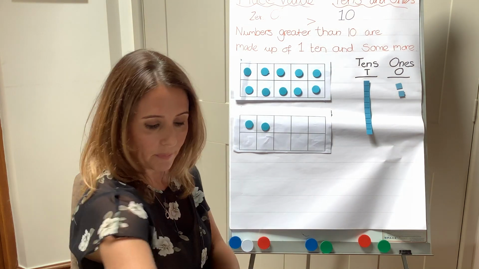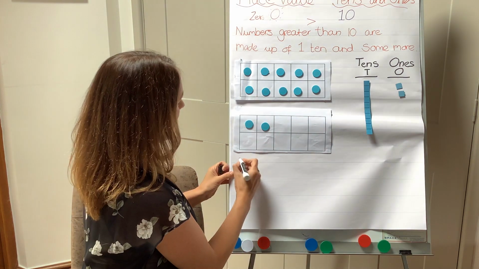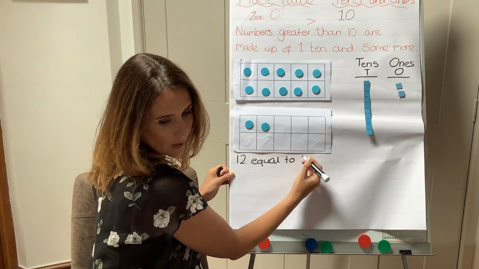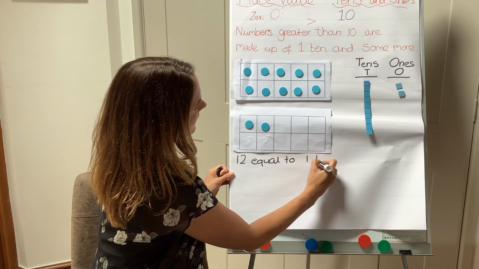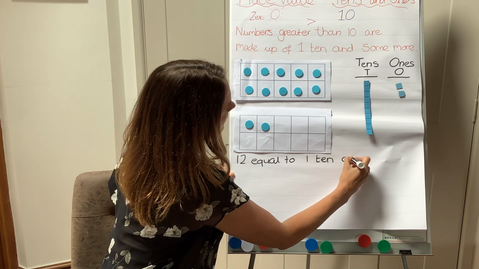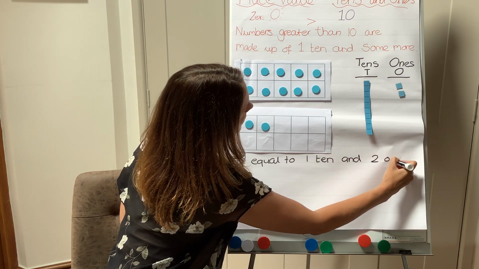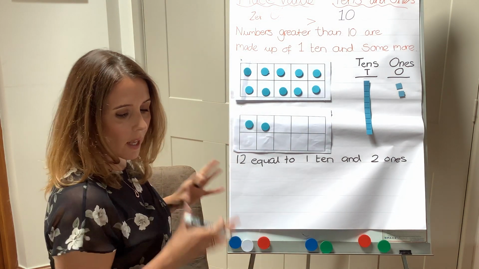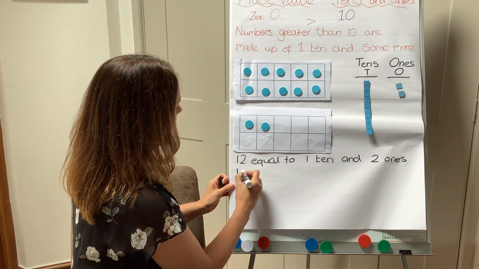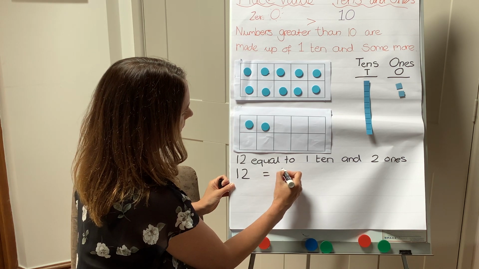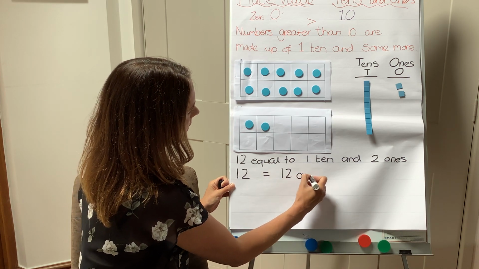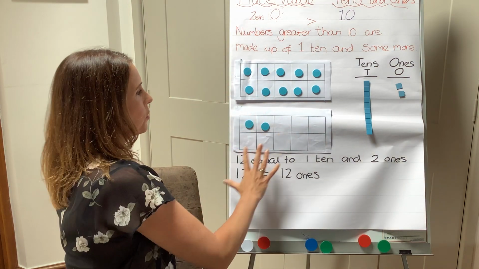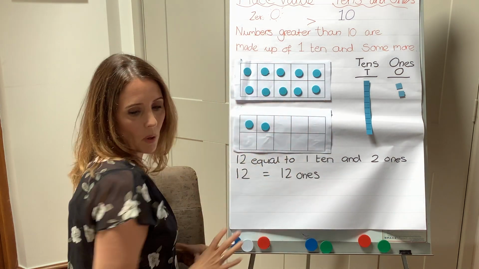So we can say 12 is equal to 1 ten and 2 ones, because it's equal to 1 whole group of 10 and 2 ones. It's also 12 is equal to 12 ones as well. So we don't just have to see it as a 10 and ones. 12 is also equal to 12 separate ones as well.